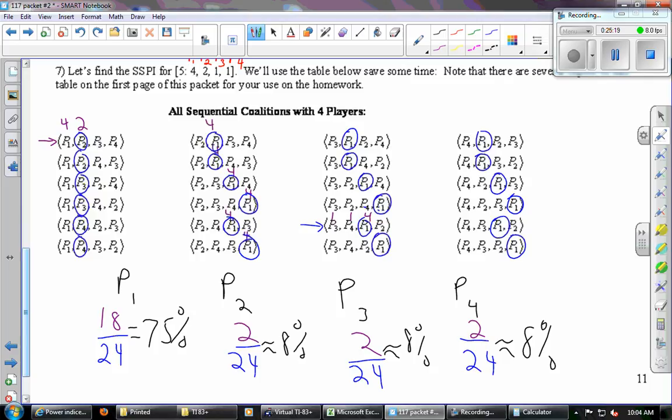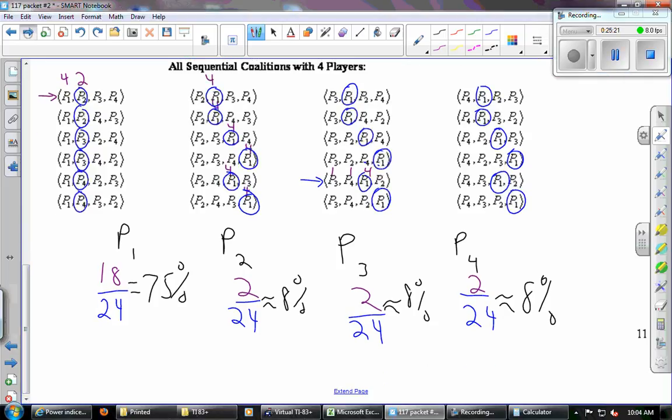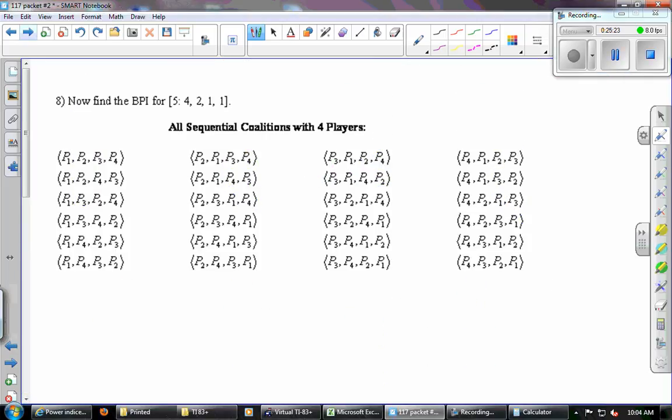Okay, so on the next page, we're going to calculate for the same weighted voting system. It's still 5, 4, 2, 1, 1. But now we're going to do the BPI. That's the Banzhaf Power Index. It's the thing we did last time. Now, this is my mistake, but I accidentally copied and pasted this table again.